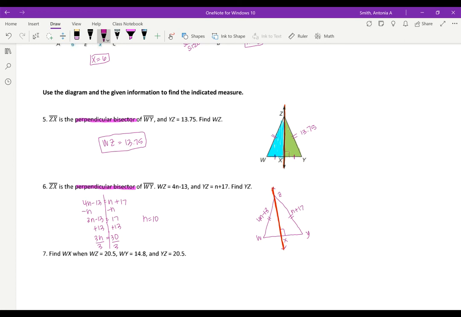It's important, but it's not my final answer. It wants me to find YZ. Well, YZ equals n plus 17. But I know what n is. n is 10 plus 17. So YZ equals 10 plus 17, which is 27.